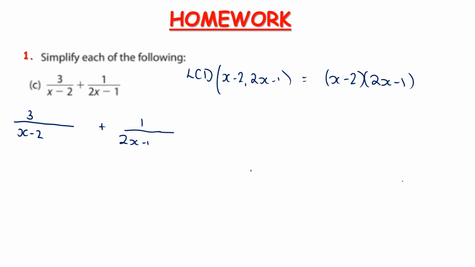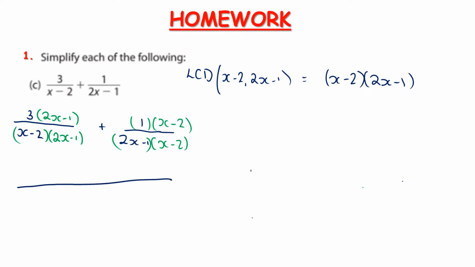And the denominator, I have the x minus 2, so I'm going to multiply that by 2x minus 1. Here I'm going to multiply by 2x minus 1. I have a 2x minus 1 here, so I'm going to multiply that by x minus 2. And the top line by x minus 2. Now I'm going to combine, and my lowest common denominator is x minus 2 times 2x minus 1.